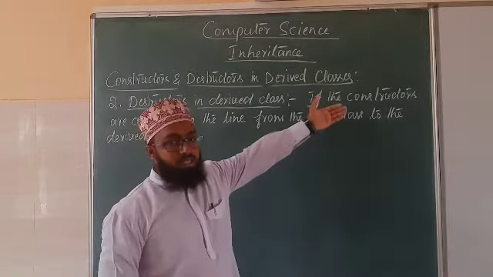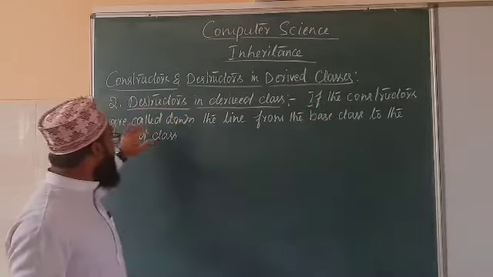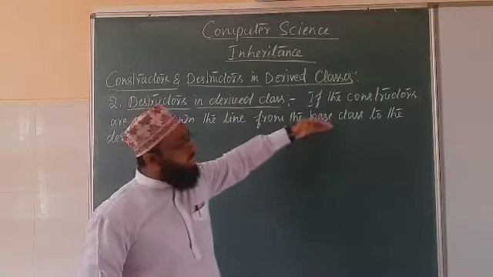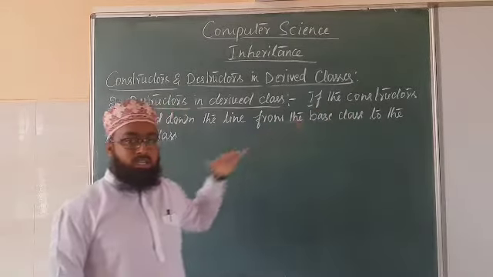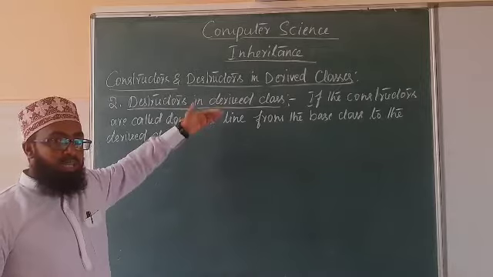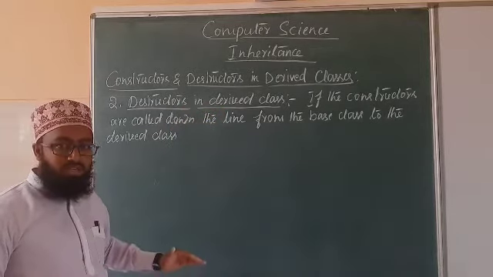That is, if the constructors are called down the line from base class to the derived class, class A to class B and C, that is base class to derived class.